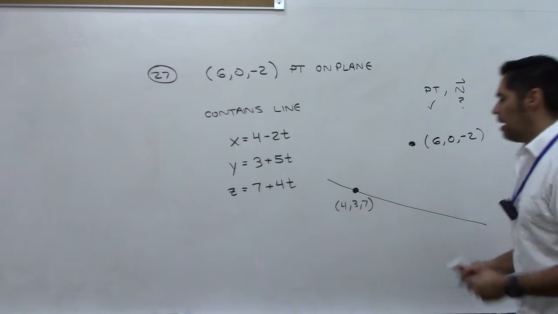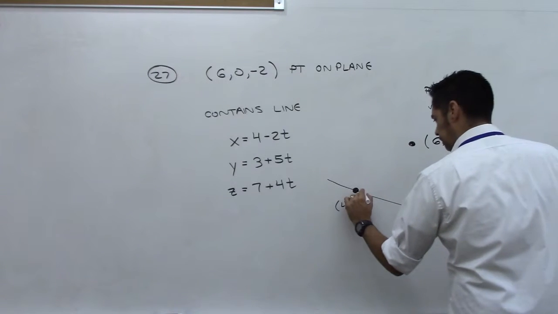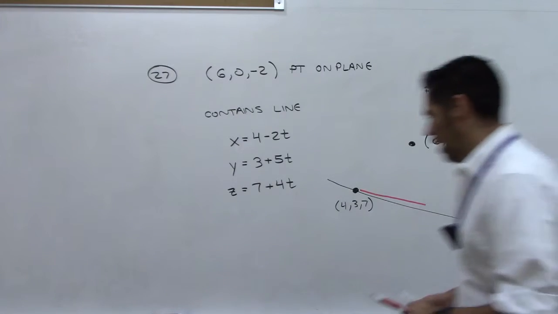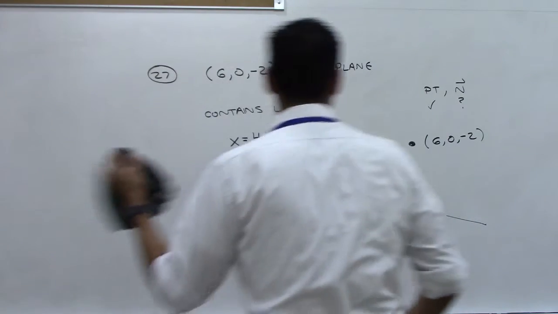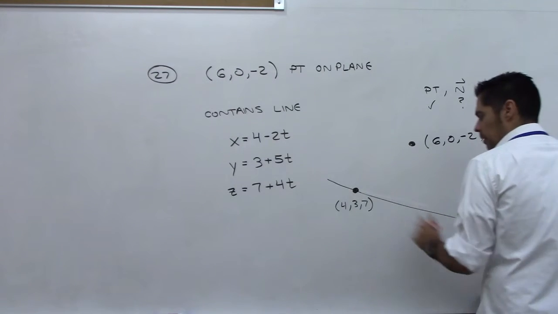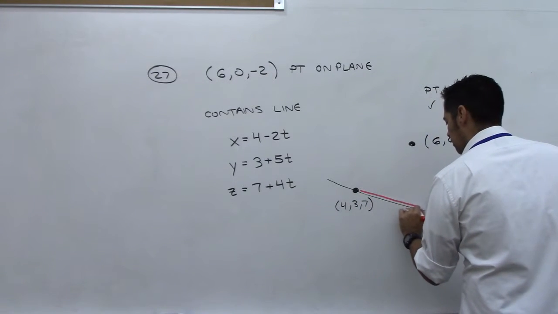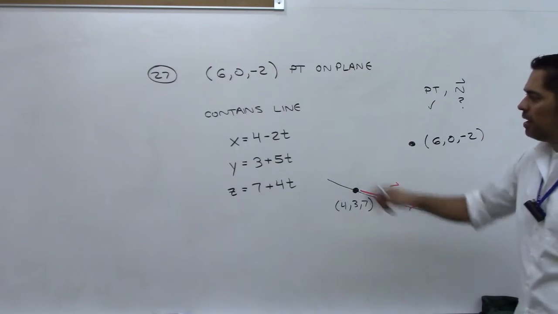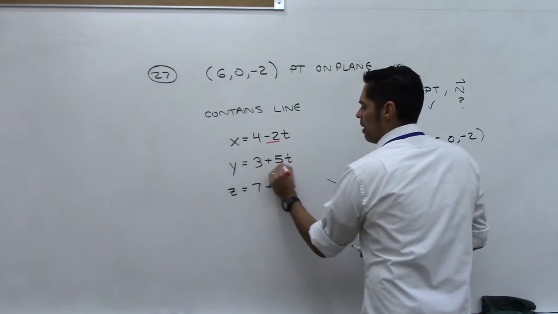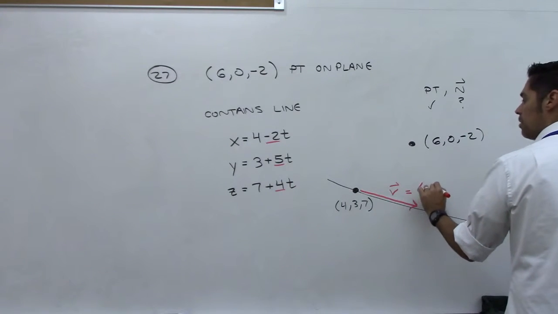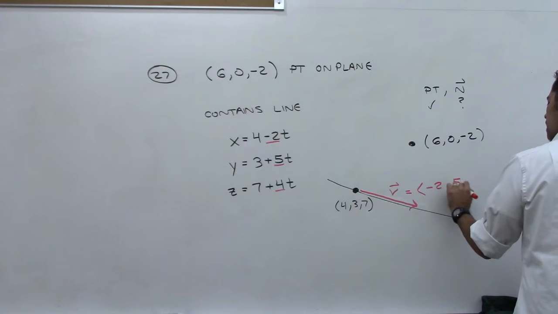Now, I need a direction vector of this line. And that I could use the v, the direction vector for this line, which comes from these numbers right here. So that v is equal to the vector negative 2, 5, and 4.